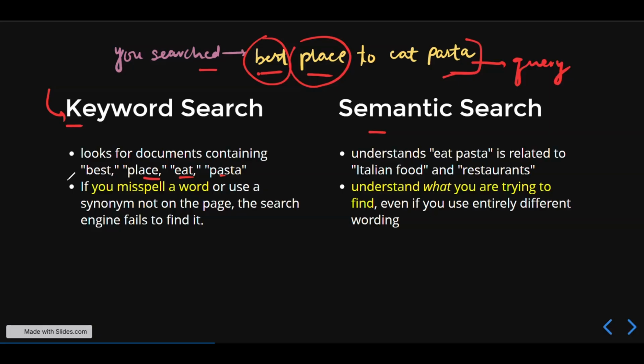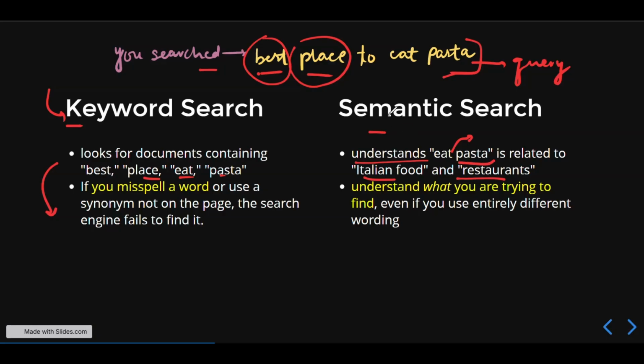It can have so many bottlenecks. If you have something wrong in your query, it may give an ambiguous result. But in semantic search, it understands "eating pasta". Eating pasta is related to Italian food and restaurants because pasta is an Italian dish.